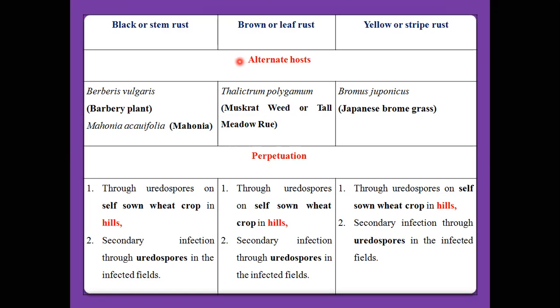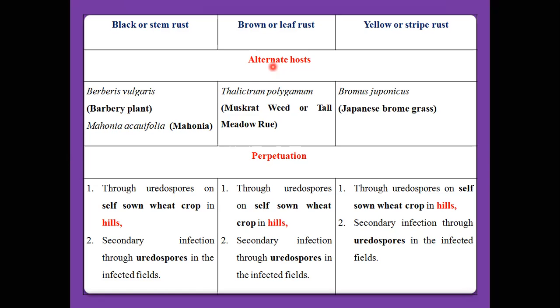Some spores are produced on the main wheat crop, while the remaining spores are produced on the alternate host. Alternate host means the host on which the pathogen survives other than the main host.